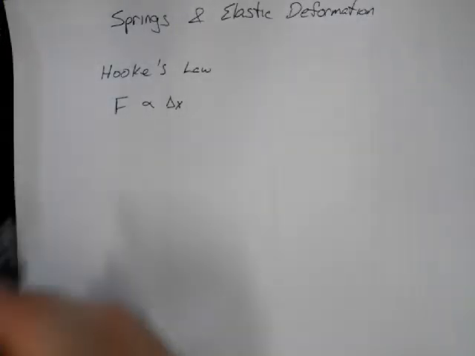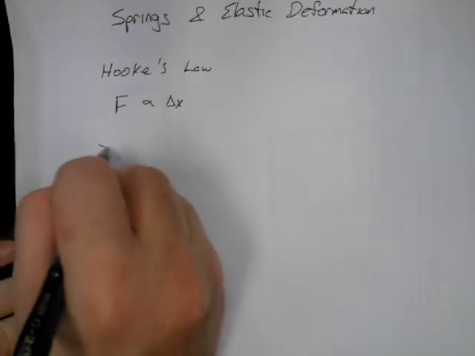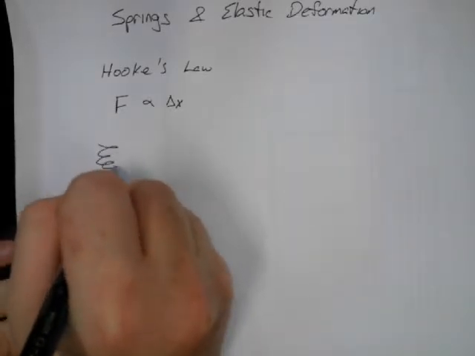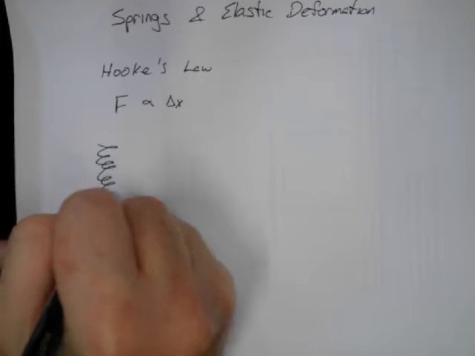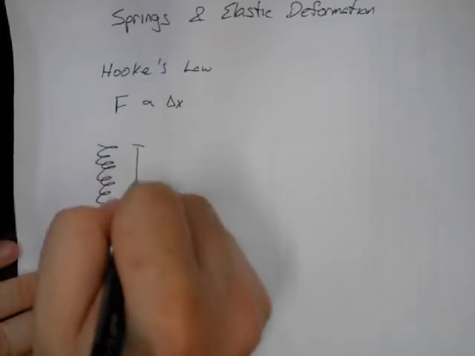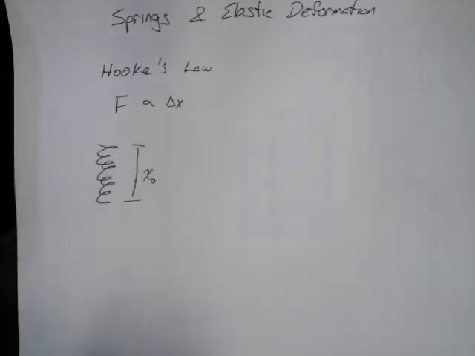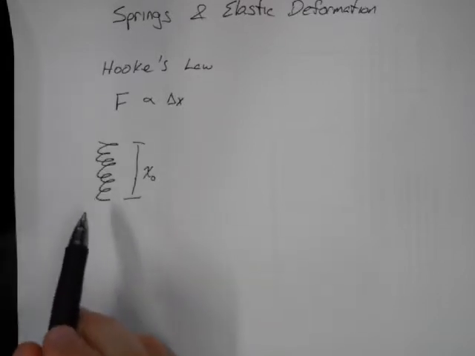And so I'm going to draw springs as the sort of typical coil spring. All right, so maybe we have something like this, and it'll have some rest length x initial. And then we'll ask, well, what happens when we compress it or we stretch it?